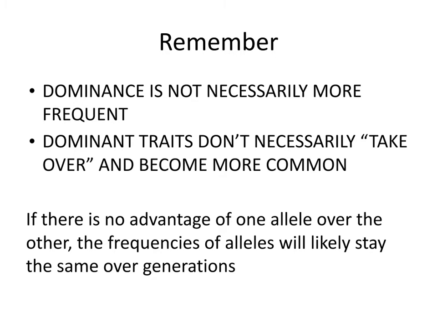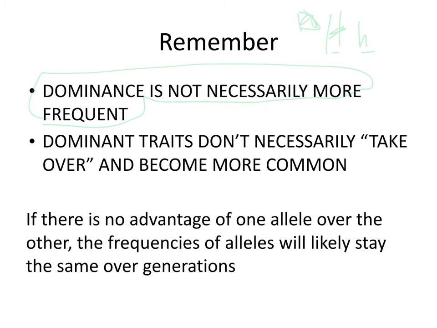All right, a couple things that are important for you to think about. These are errors that are often made. So dominant does not necessarily mean more frequent. The example I often use in class is hexadactyly. I guess I could use H versus h.